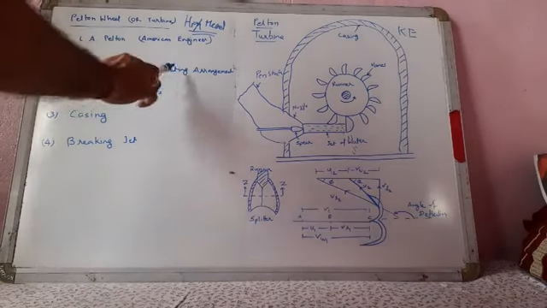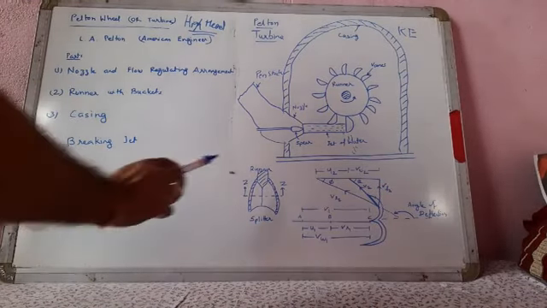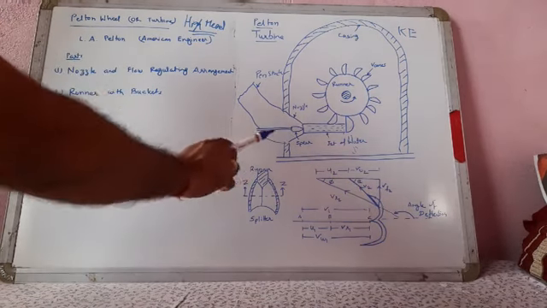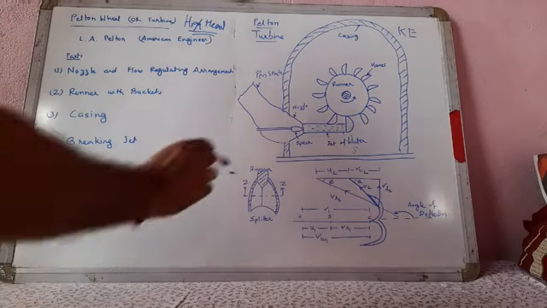In the nozzle and flow regulating arrangement, the amount of water striking the bucket vanes of the runner is controlled by providing the spear in the nozzle. The spear is a conical needle which is operated either by hand wheel or automatically in the axial direction.